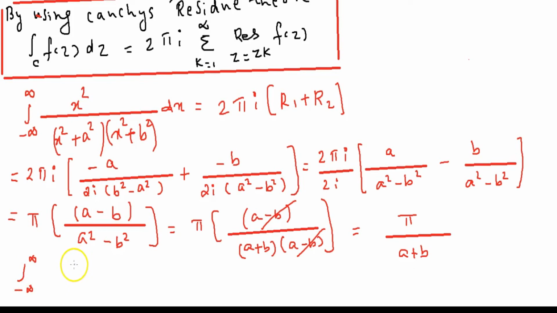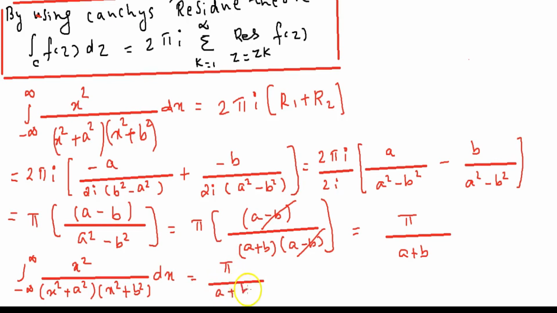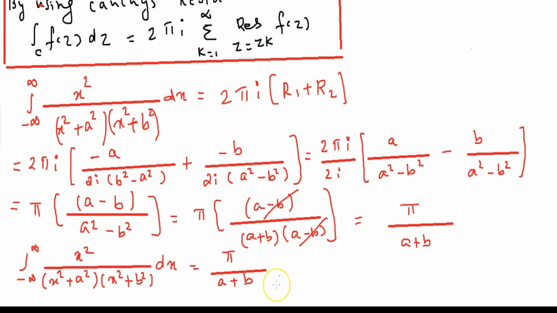The integral from minus infinity to infinity of x square by x square plus a square into x square plus b square dx is equal to pi by a plus b. But in this question, the limit is given as 0 to infinity.